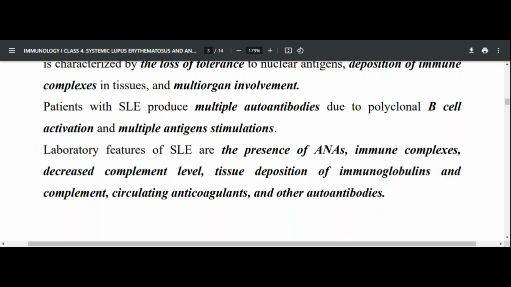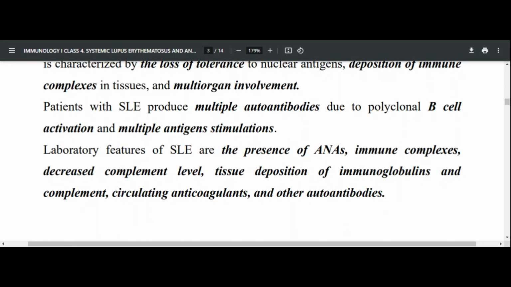Plus immune complex deposition, decreased complement levels because of consumption and use, tissue deposition of immunoglobulins as well as complement, circulating anticoagulants, right? We call them lupus anticoagulants, and other autoantibodies. You should know how to detect lupus anticoagulants and how to treat patients showing them, because lupus anticoagulants can cause serious bleeding, hemorrhage without any other cause.